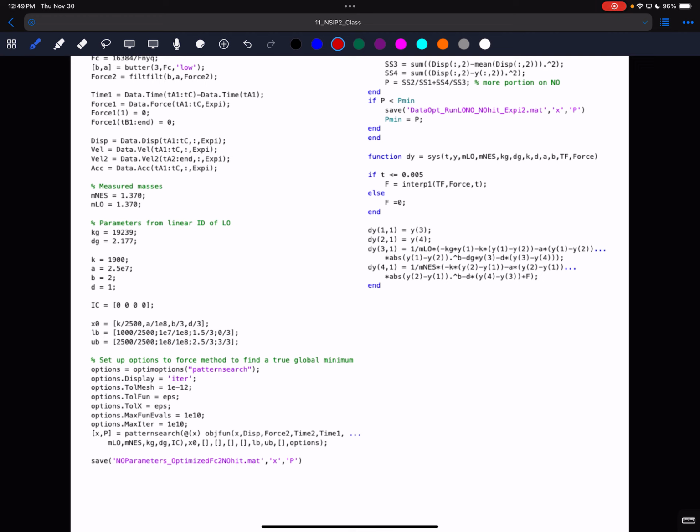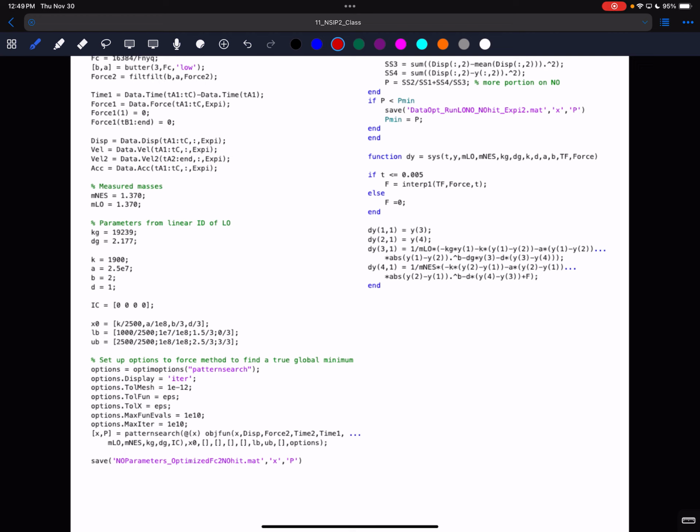The other thing we do is push the tolerance on the function down to machine epsilon. We push the tolerance on the x values down to machine epsilon. We force the maximum function evaluations to like 10 billion, as well as the number of iterations to 10 billion. And we force it to go down until it finds that this mesh is as small as it possibly can be.